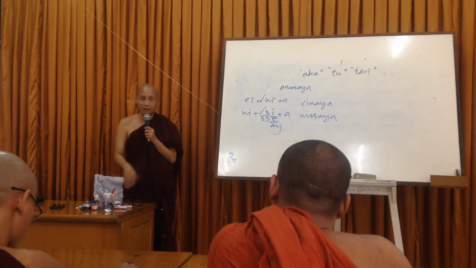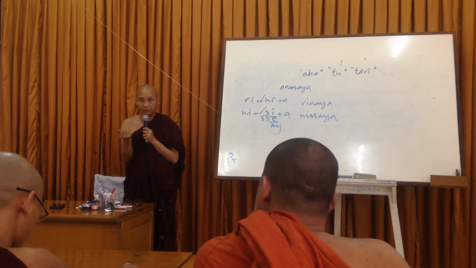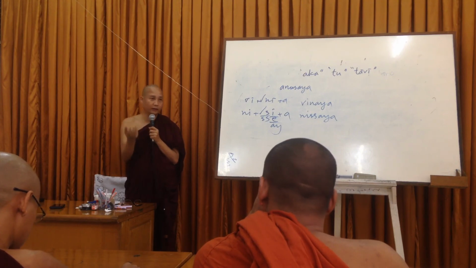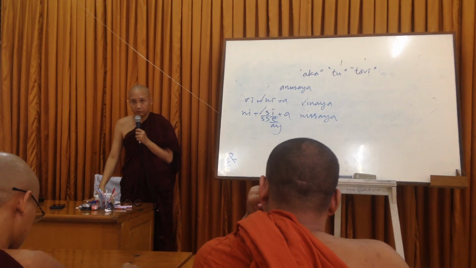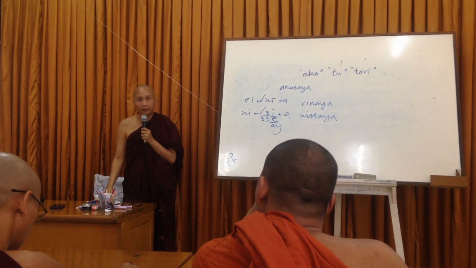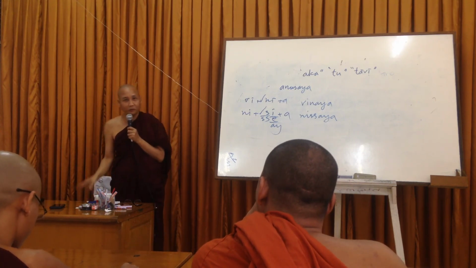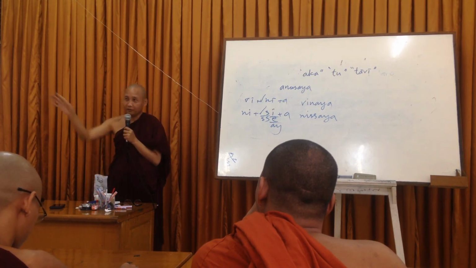Anusaya is basically these defilements, like anger, attachment, delusion, naturally hidden in our mental process. But they are always waiting for the chance to rise. Now, for the moment, you are not angry. You don't have any anger. Maybe someone scolds you when you go out of the classroom. Then your anger rises.